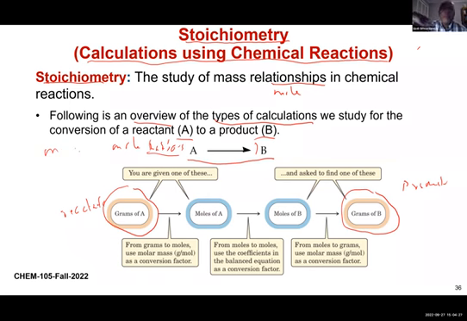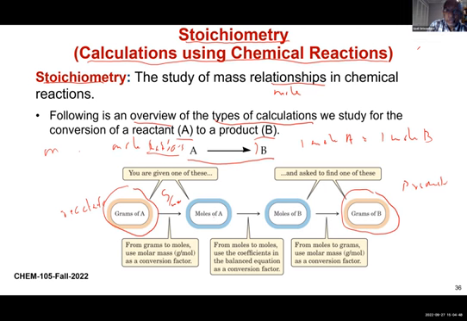Molar ratio: 1 mole of A is equal to 1 mole of B. So what you start with is grams. Grams divided by molar mass.